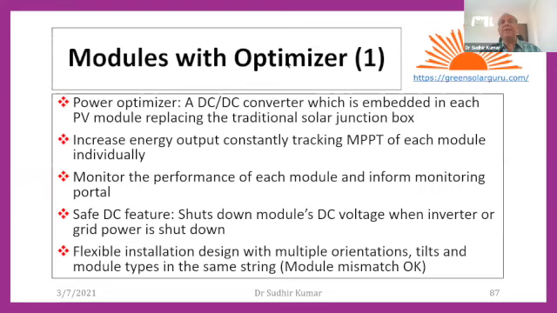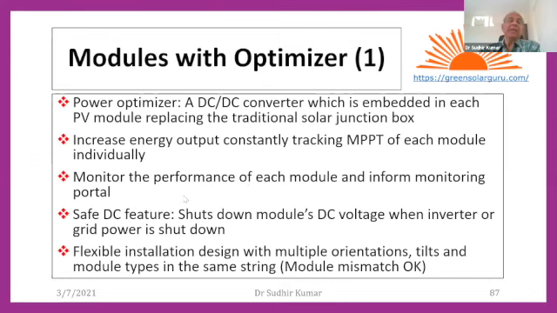So what if you attach an optimizer to the module? What does the optimizer do? It actually converts that low voltage power into high voltage power, and then it is optimized, maximizing the energy at that time.